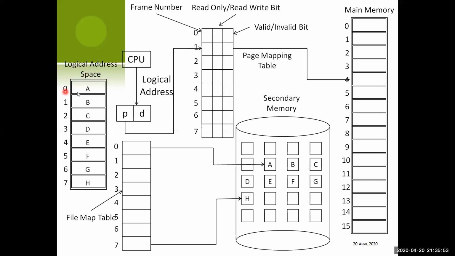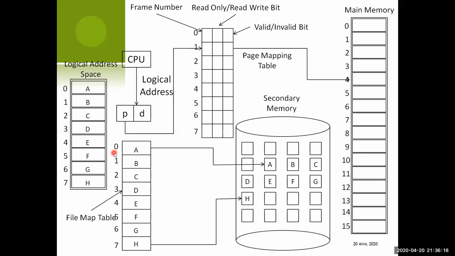So page number 0 is containing A, page number 1 is containing B, likewise page number 7 is containing H. So first, the role of the file map table. The file map table will have entries of all these pages, where these pages are located in secondary memory.